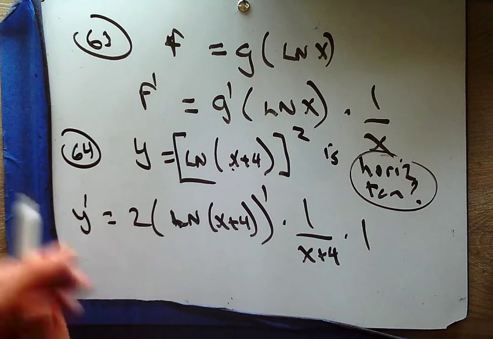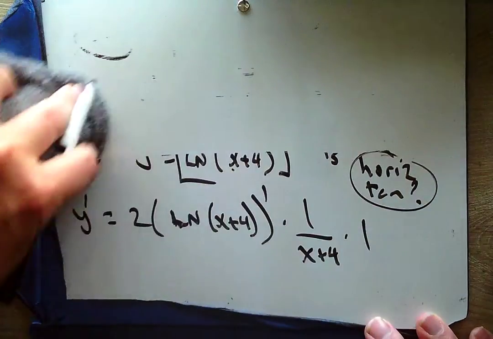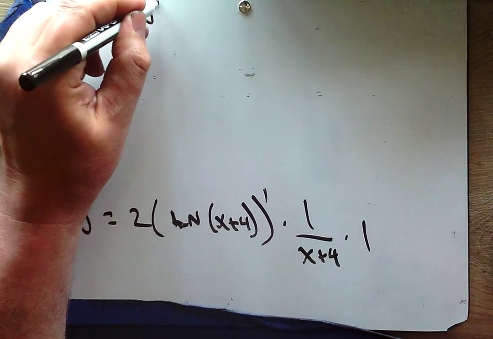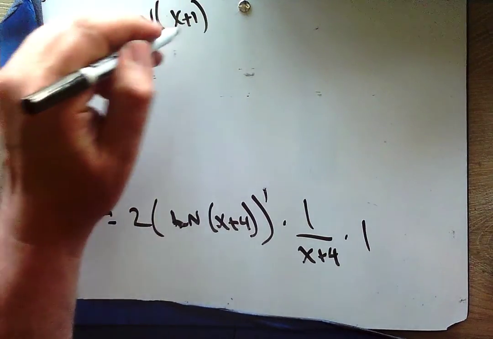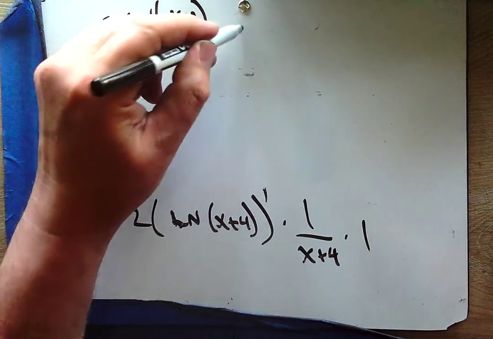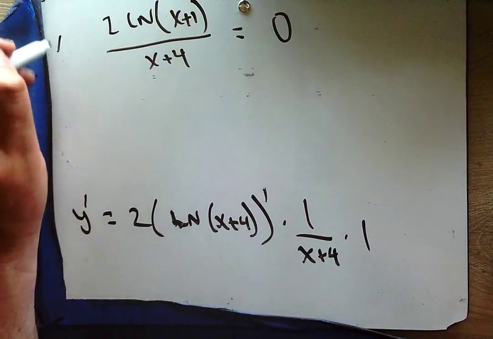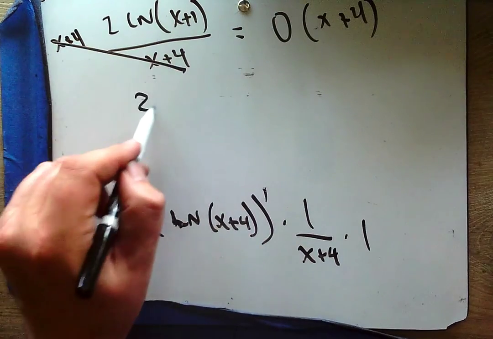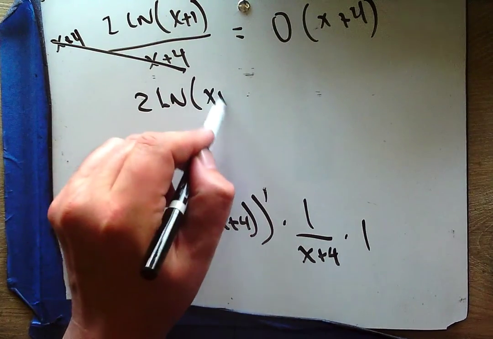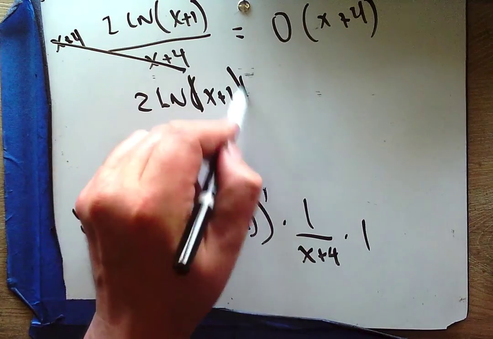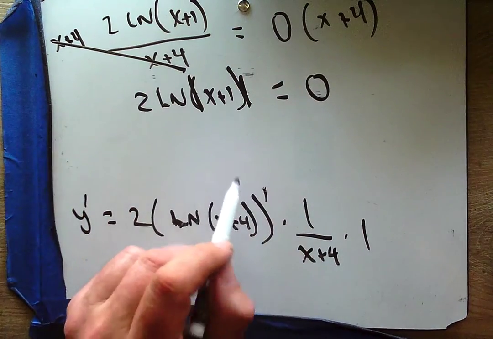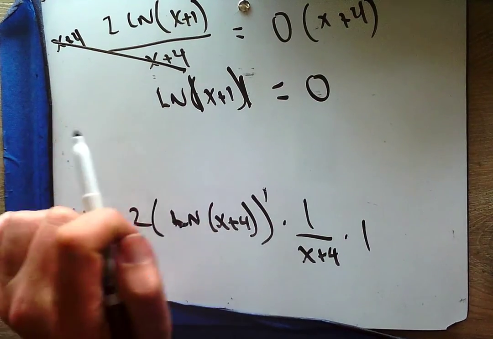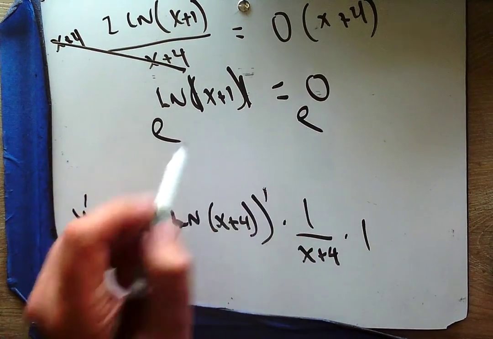Well, let's tidy it up a little bit. We've got 2 ln(x plus 1) over x plus 4 equals 0. So I multiply both sides by x plus 4, and I see that the denominator still doesn't play a role. Divide both sides by 2, exponentiate.